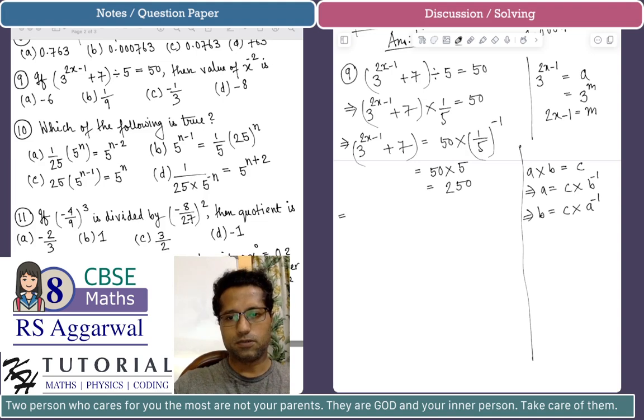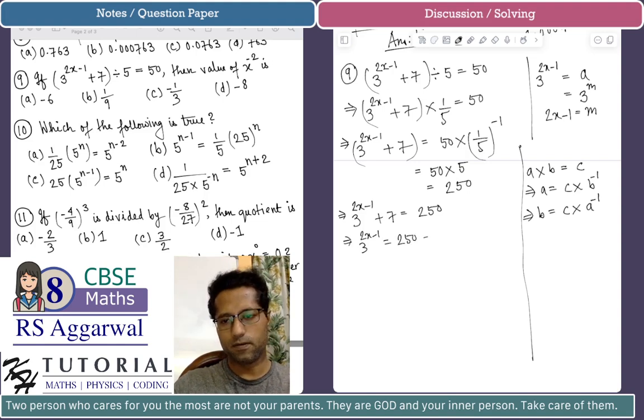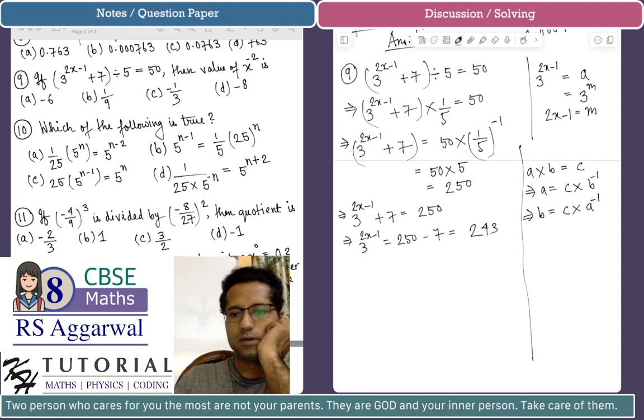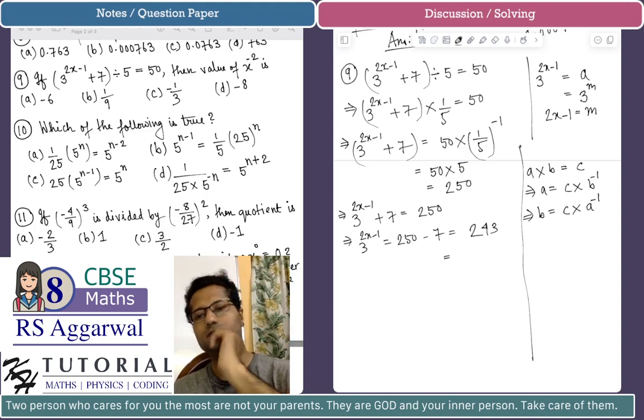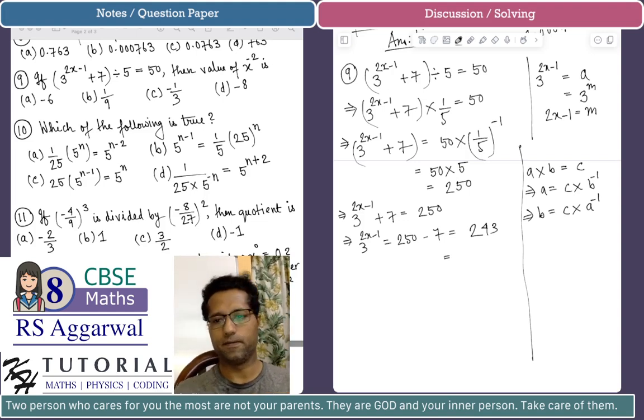So on the left hand side I can easily open the brackets and I will get 3 raised to the power 2x minus 1 plus 7 equals 250. This implies 3 raised to the power 2x minus 1 is equal to 250 minus 7, which is equal to 243.